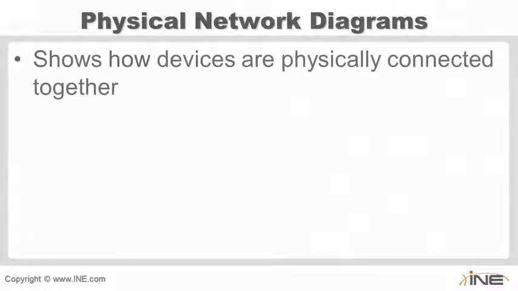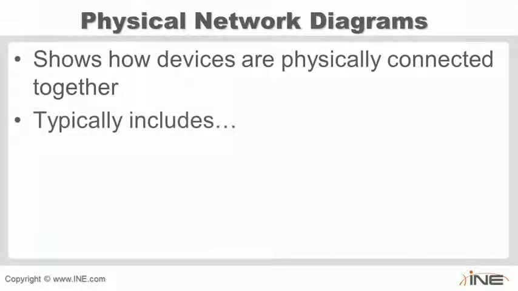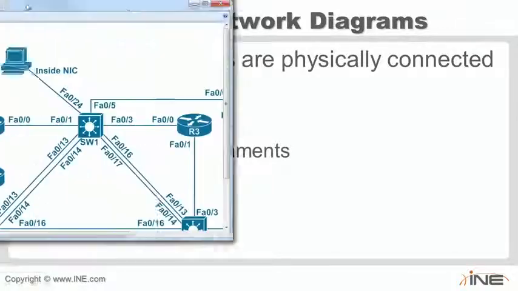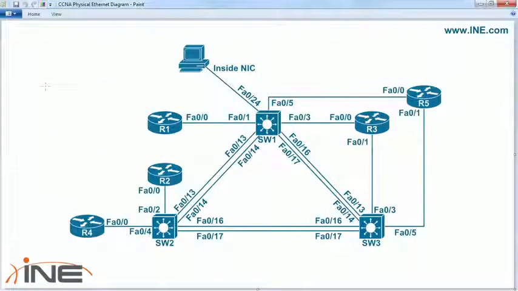So again, the physical one mainly shows how the devices are plugged in, how they are cabled together. From here you would want to know what the names of the ports that connect the routers are. So I have an example of the topology that we're going to use this week, which shows the 3 switches, the 5 routers, and then this test PC that we're using.